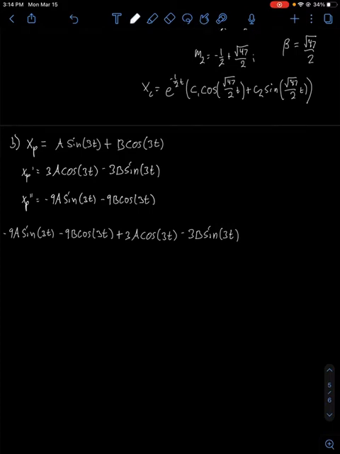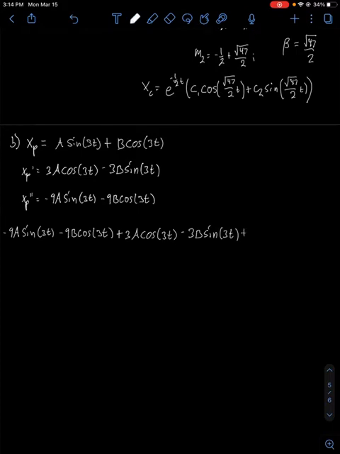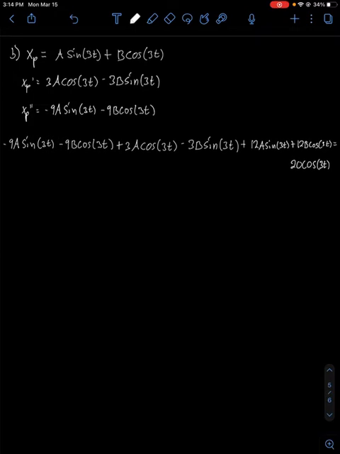So it's plus 12a sine of 3t plus 12b cosine of 3t, and this is equal to 20 cosine of 3t. Now we're going to have two equations here, because we have sine of 3t and cosine of 3t, and there's no other terms. So we'll just set like terms equal to like terms.